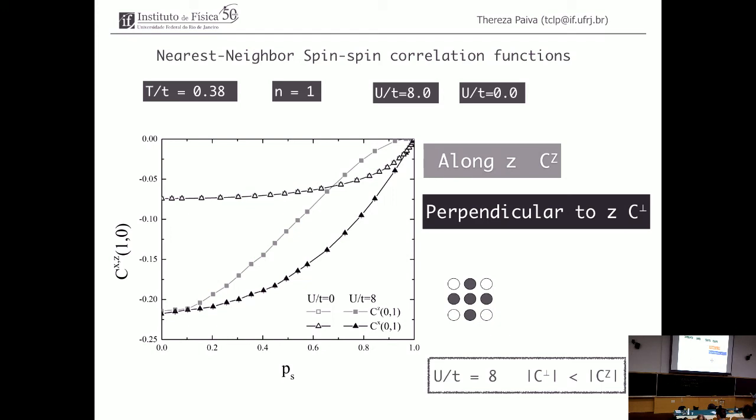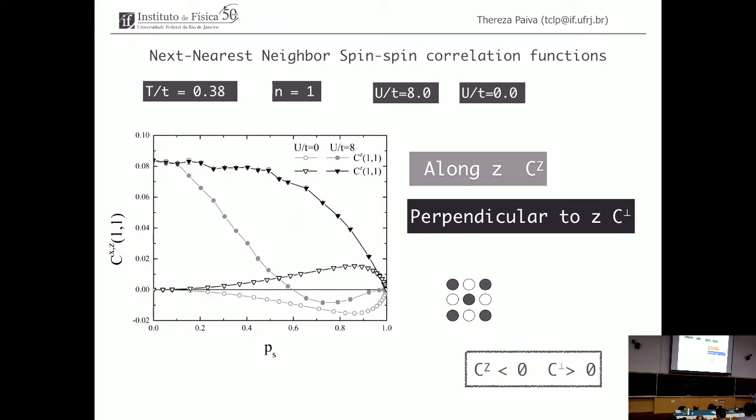But when we look at the correlated system, we see that the Z correlation function is smaller in modulus than the X one. And when we look at the next near neighbor, across a diagonal, I see that the Z correlation can become negative. I expected them to be positive, but as the polarization increases, they become negative, and the X is just reduced.